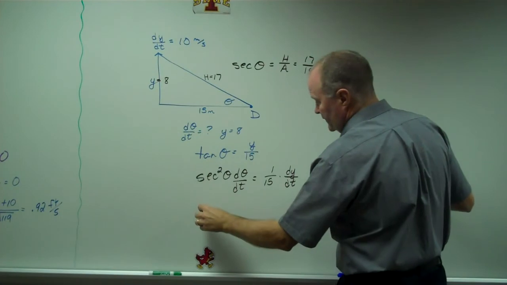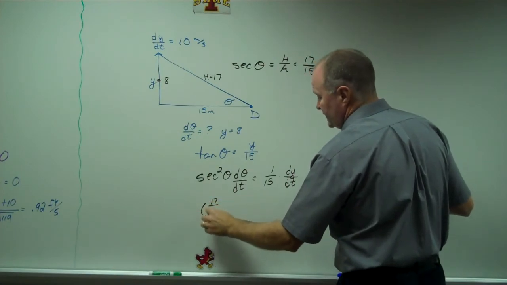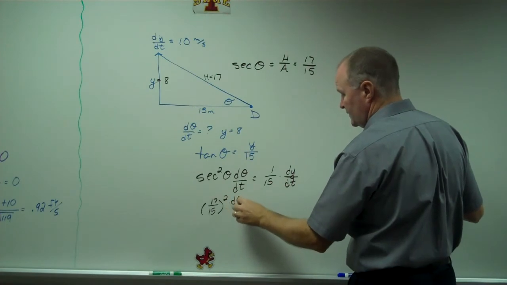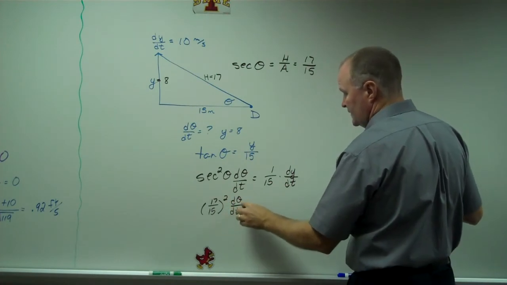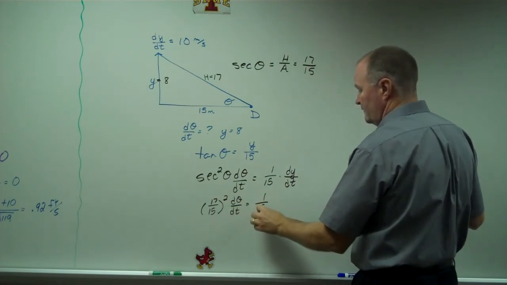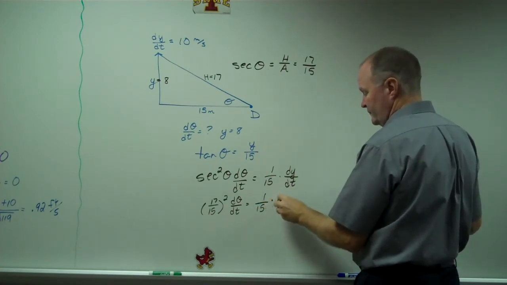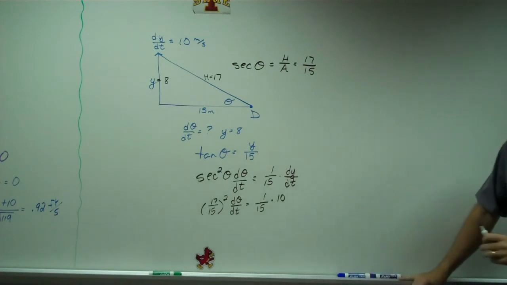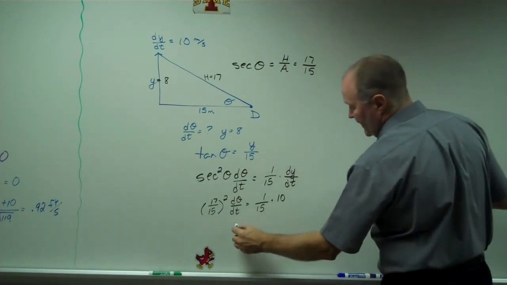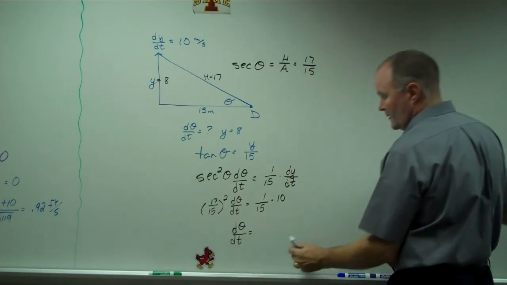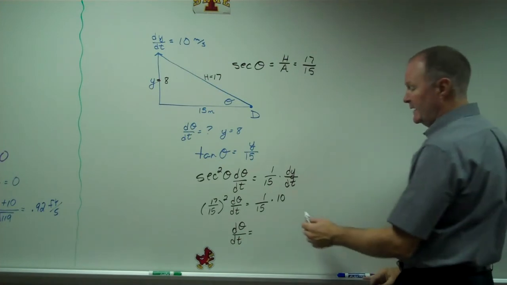So down here it becomes 17 over 15 squared d theta dt equals 1/15 times 10. Doing the math. 17 squared is 289.